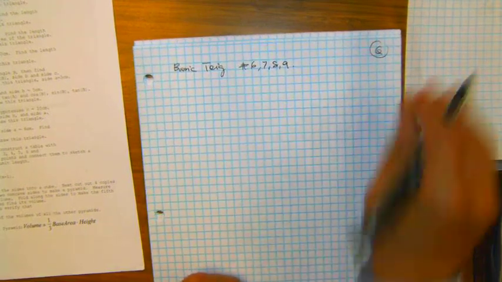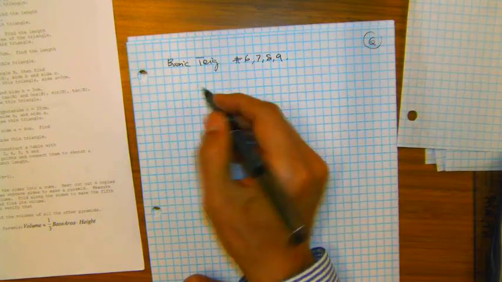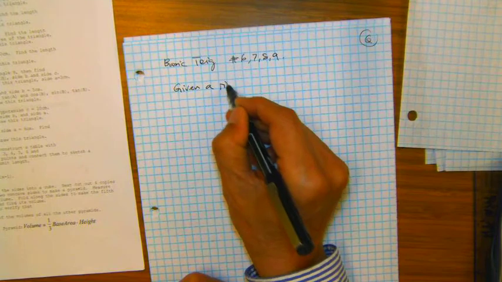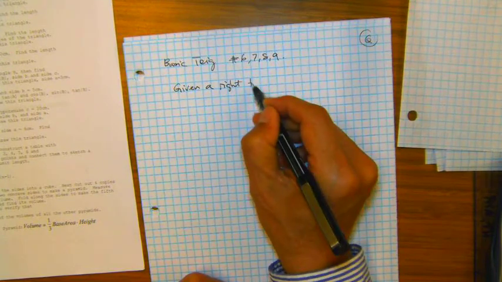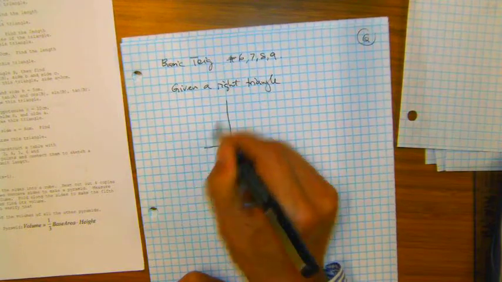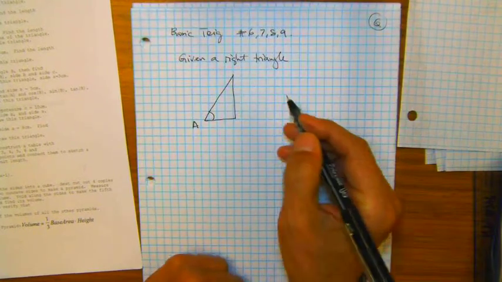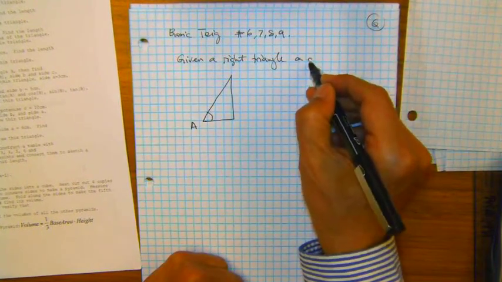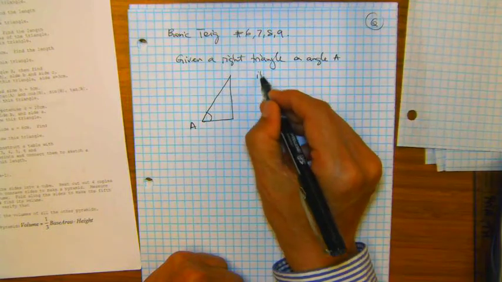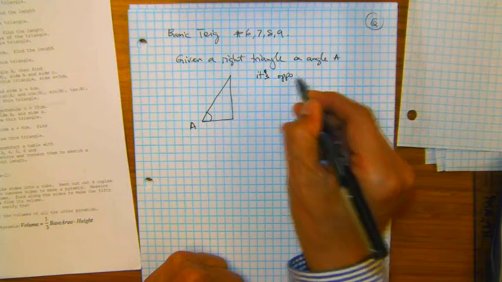Okay, so first you need to define the basic sine function. So given a right triangle and angle A, its opposite side is labeled little a.